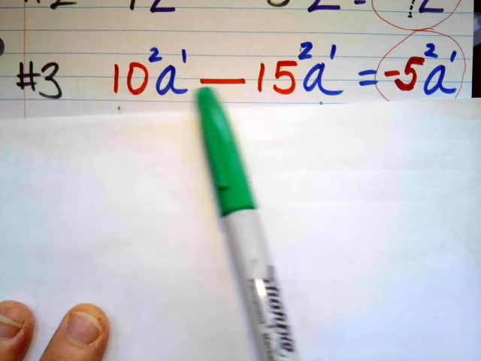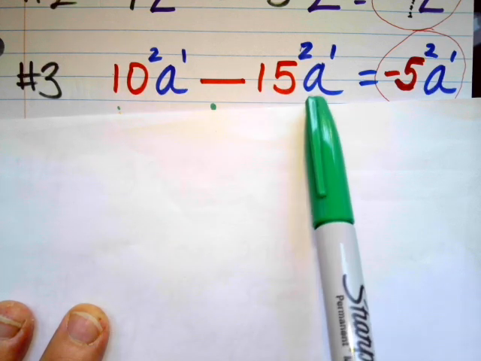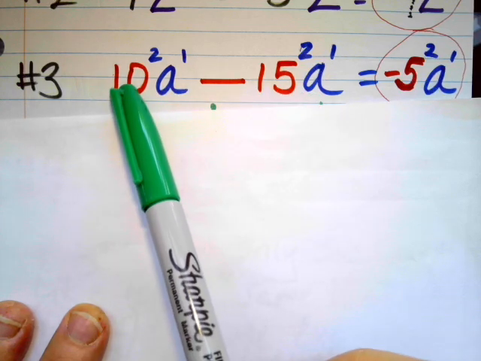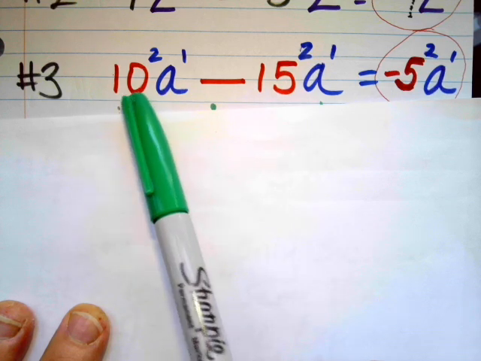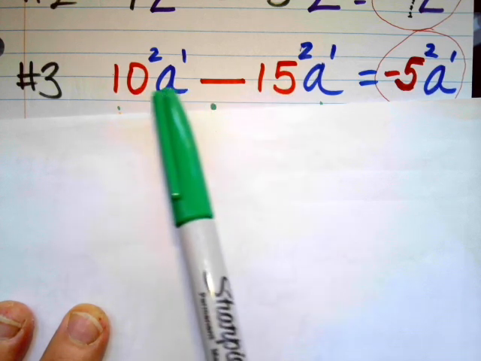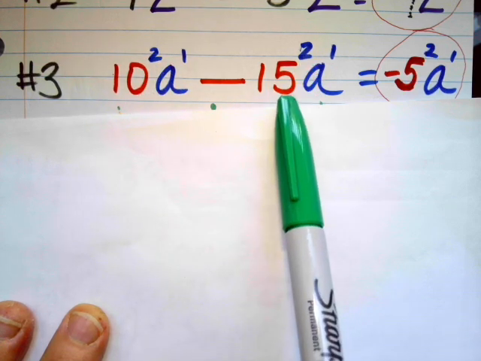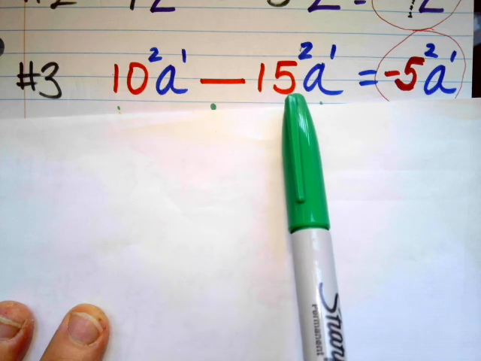Are these two terms like terms? Well, we have a and a. The base is the same. The power is 2 here and 2 here. So yes, these are considered like terms.